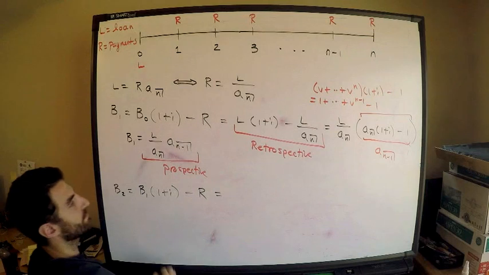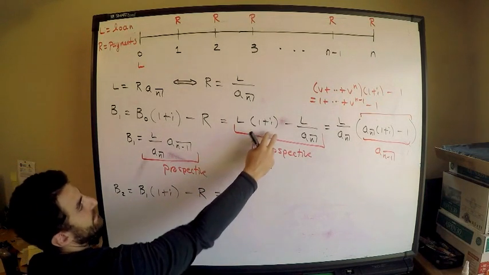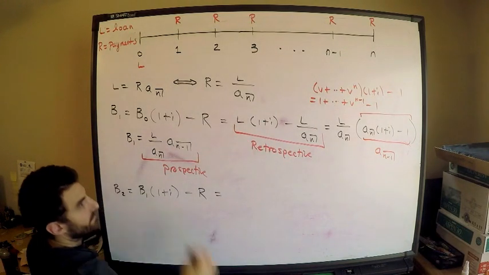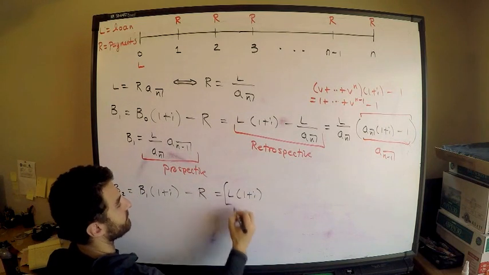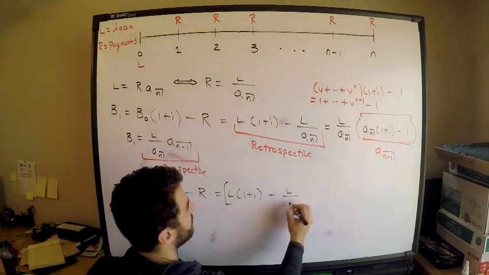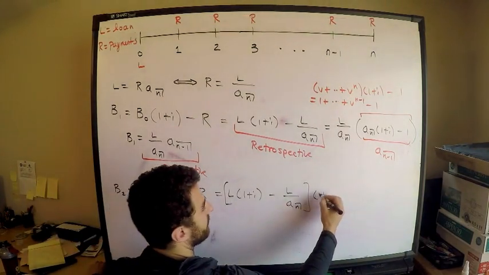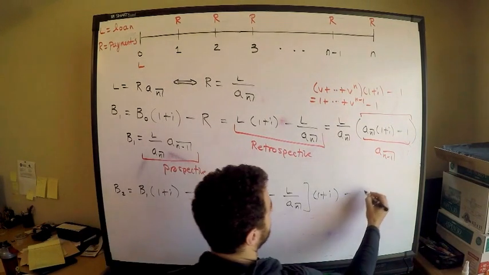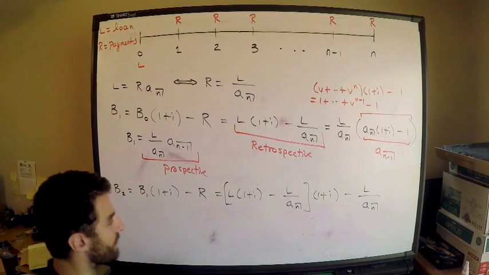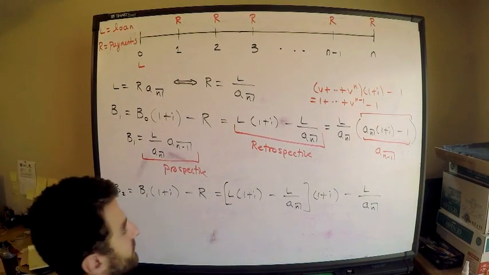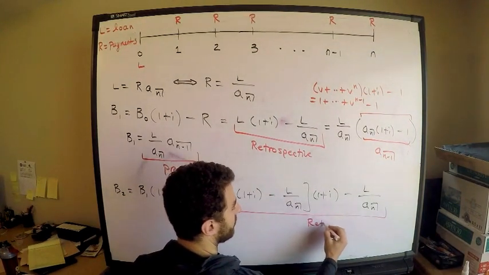In this case, this is equal to, well, what is B1? B1 retrospectively is this piece. So let me write that. This is equal to L times 1 plus i, minus L over a angle n, times 1 plus i, minus L over a angle n. Again, this is retrospective. In certain circumstances, you may want to do it this way.